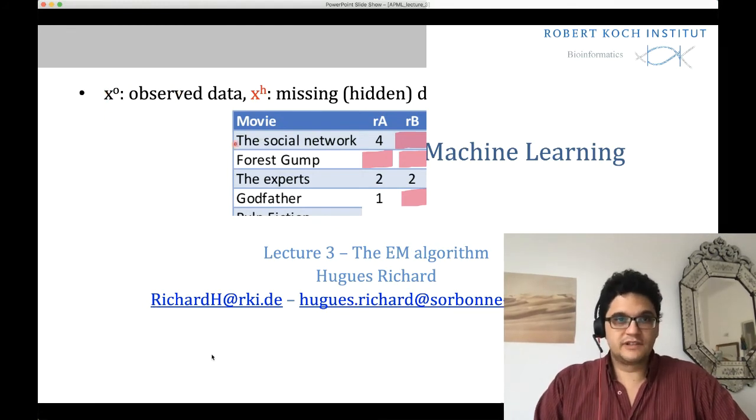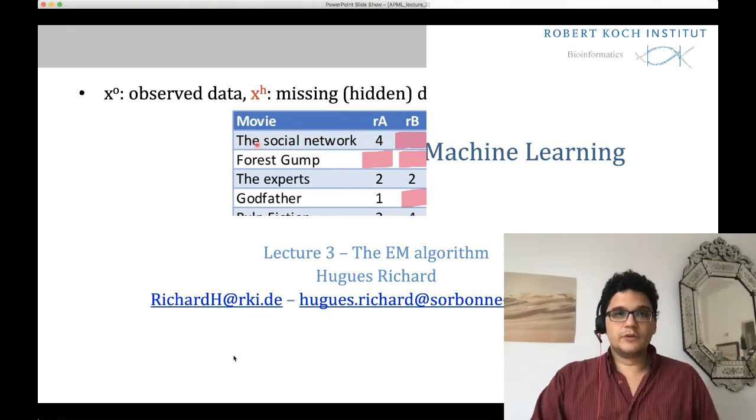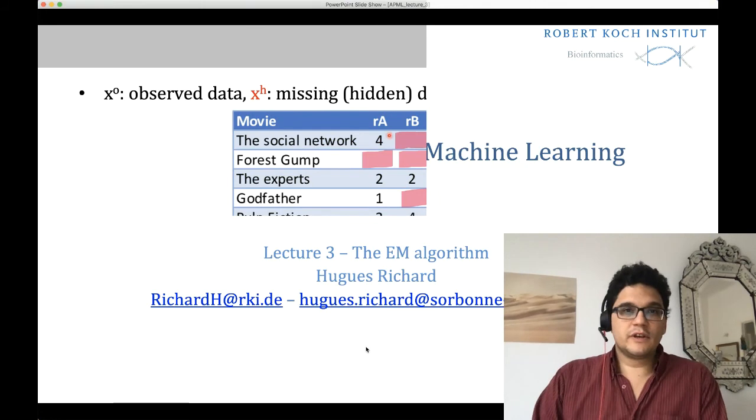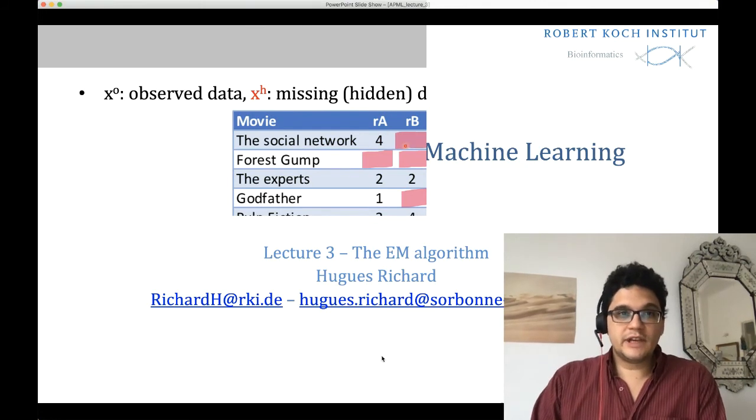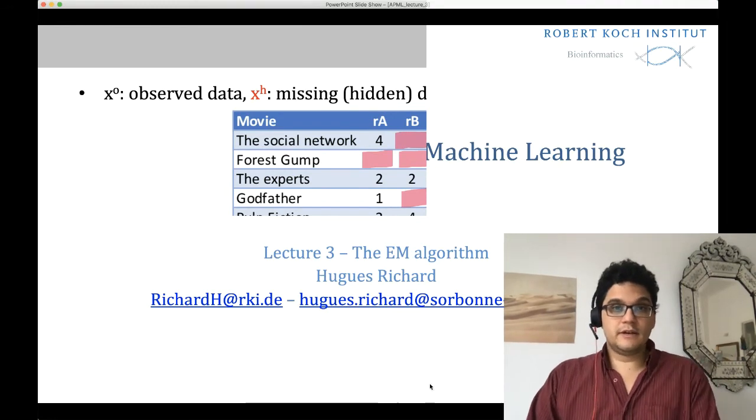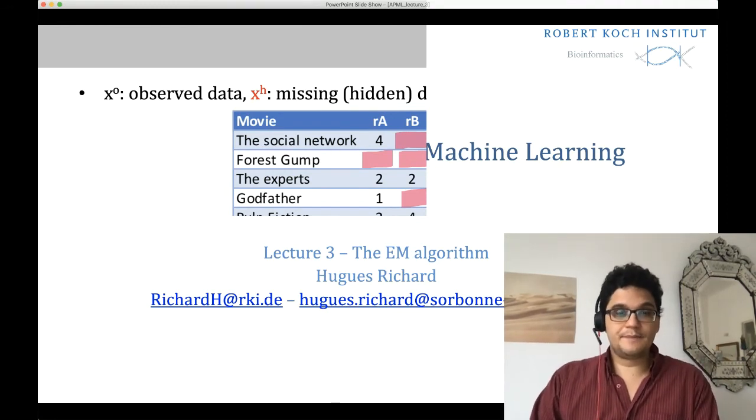For instance, for X1, the first movie, we observed RA, RB, and RC, but RD is hidden. And for Forrest Gump, we observe RA and RB, but RC and RD are hidden, etc.